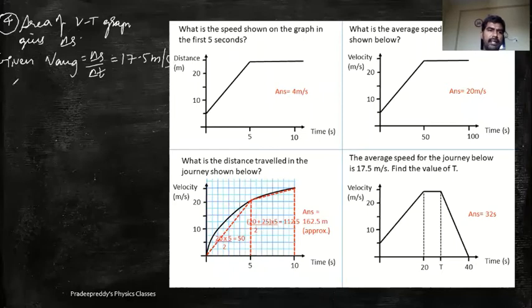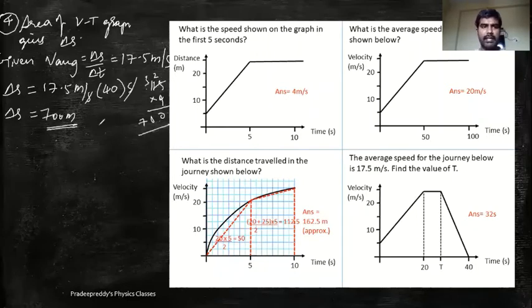Then what is delta S? It is 17.5 meter per second into delta T. Delta T is the total time taken. It is 40 seconds. Second and second get cancelled. Delta S will be equal to 175 into 4. It is 4 5s 20. 4 7s 28 plus 2 is 30. 4 1s 4 plus 3 is 7. This is 700 meter.